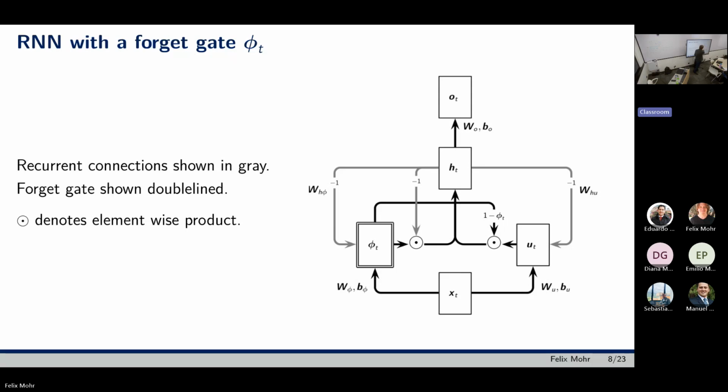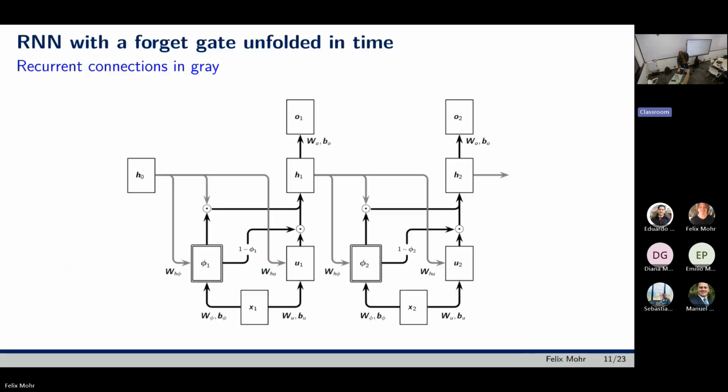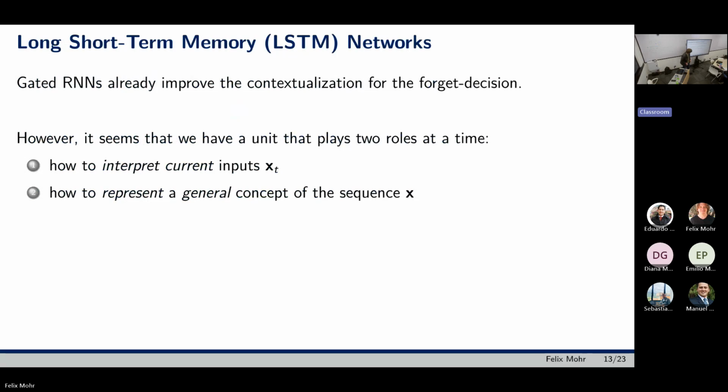But here we want to do other things, and here we also want to do other things. So maybe it would be good to disentangle this a bit. It also must somehow represent a general idea of the sequence. This is necessary to decide what to remember and also what to output.